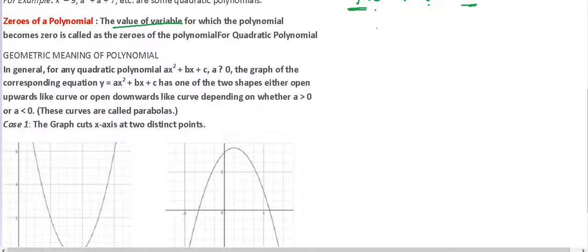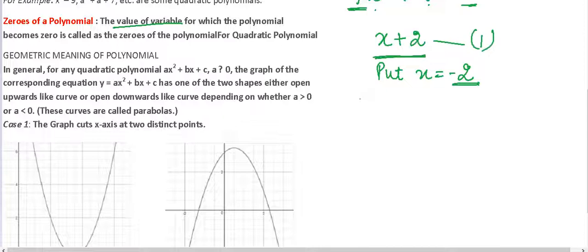See, for example, if you have any linear equation, this is your linear equation because the degree is 1. So what is the zero? If I put x as minus 2 in this first equation, you will get minus 2 plus 2, and your answer will be 0.